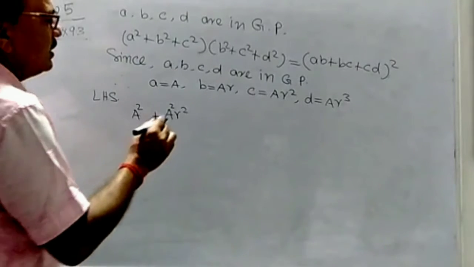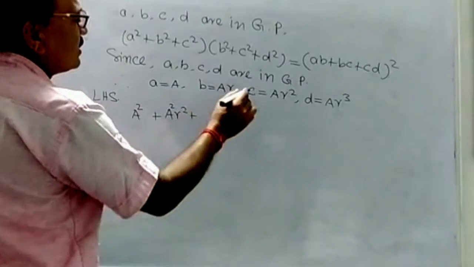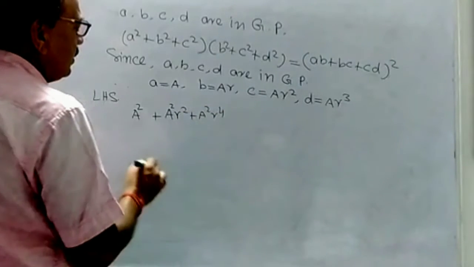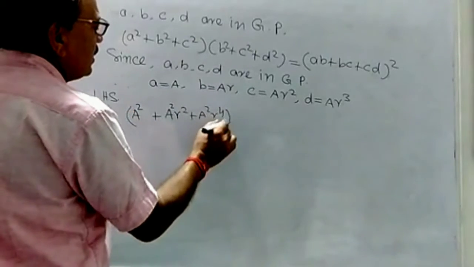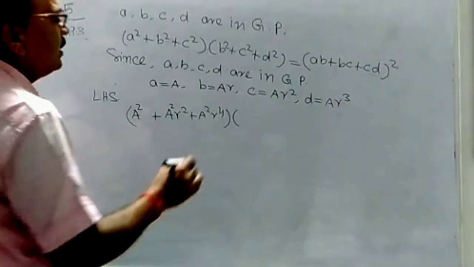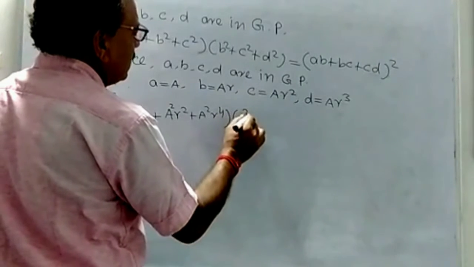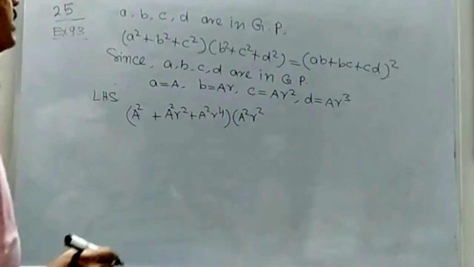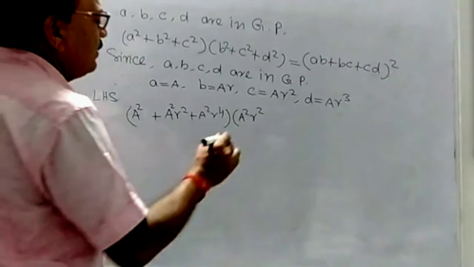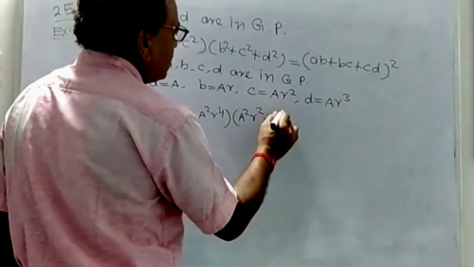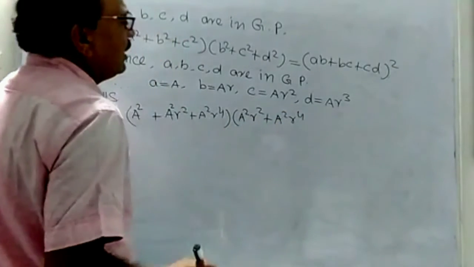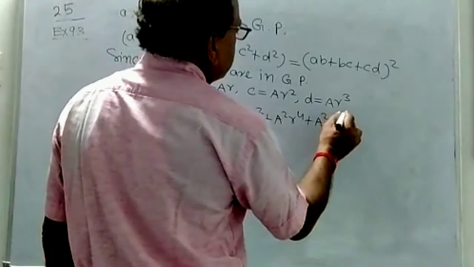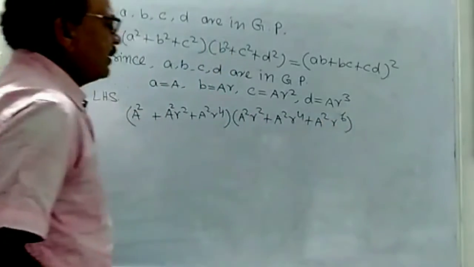In the place of C square, write A square R to the power 4. And in the place of B square, write A square R square, in the place of C square, A square R to the power 4, and D square, A square R to the power 6, in this way.